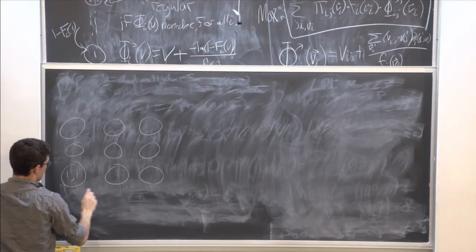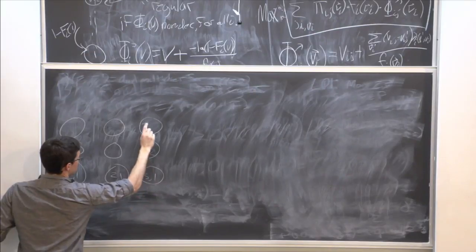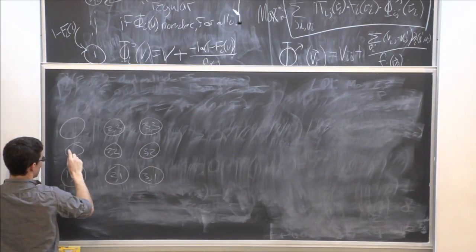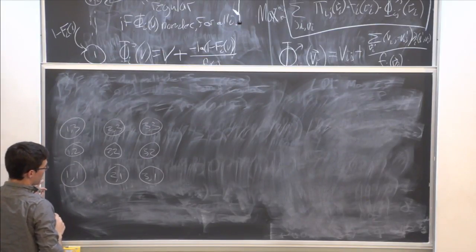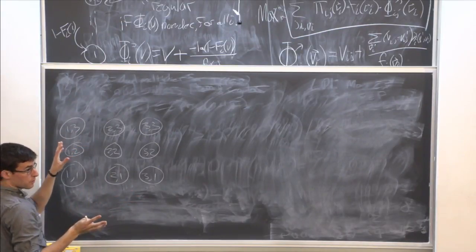Okay, so this is (1, 1), (2, 1), (3, 1), (3, 2). And what I want to do is break this region. So this is what the flow would look like for 2 items.